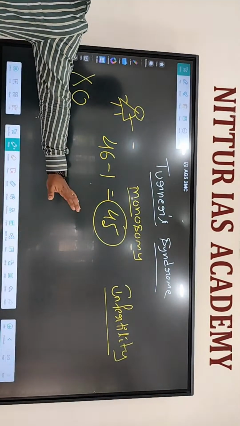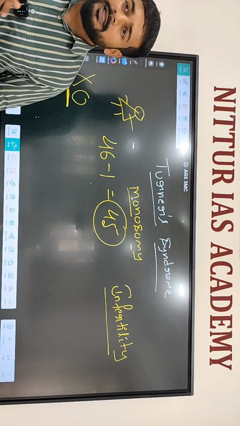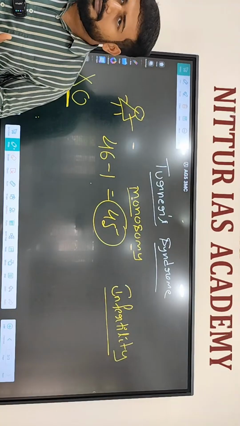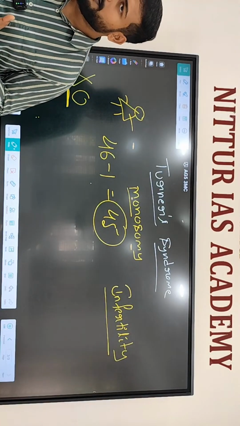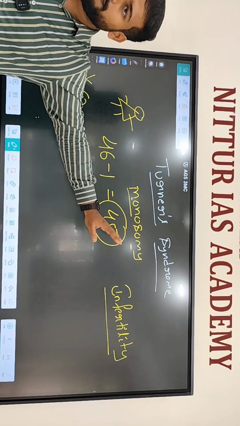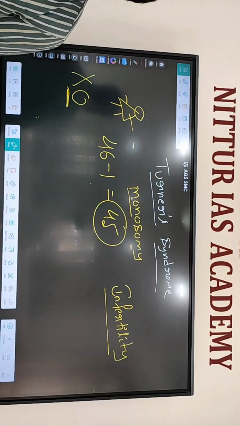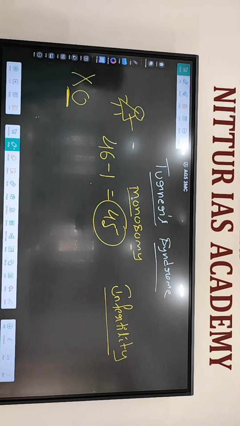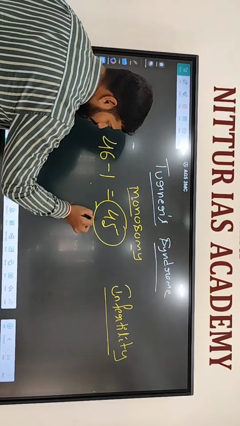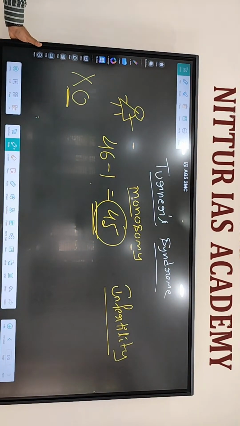She will be normal, but the menstrual cycle will not start, even if she reaches the age of 25, 30, 40. It is a very rare condition, Turner's syndrome, only in females.